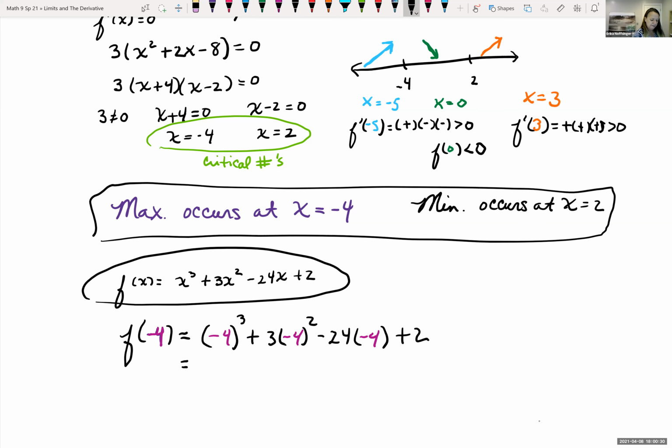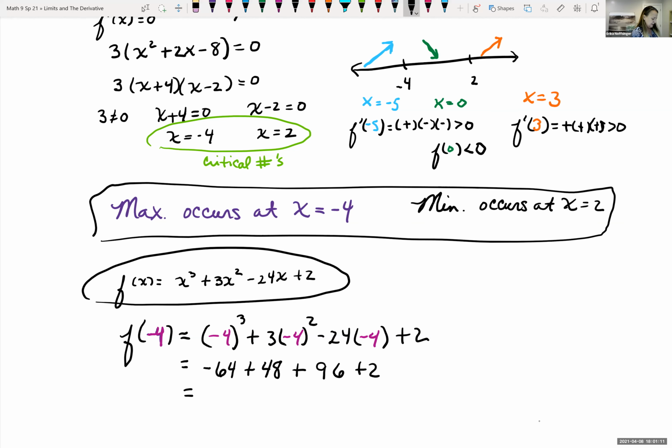If I cube -4, -4 times -4 is 16. 16 times -4 is -64. -4 squared is 16. 16 times the 3 in front is 48. Did I do that right? 16. Yeah. -4 times -24 is going to be positive, that's going to be 96, plus 2.